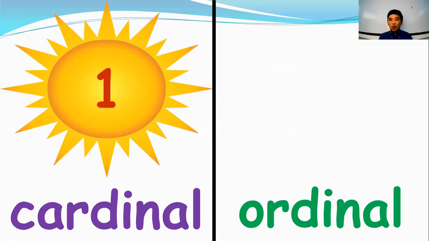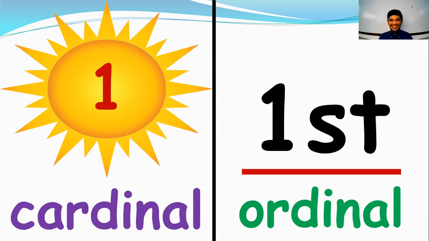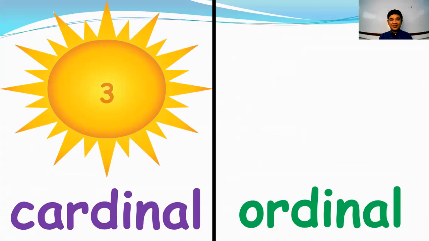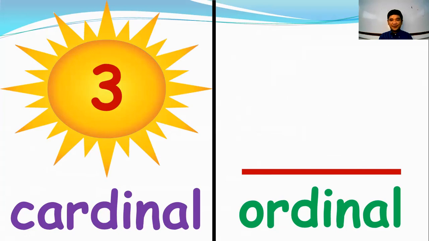What is the ordinal number of 1? Very good. It's first. Next, the given cardinal number is 3. What is the ordinal number of 3? Very good. It's third.